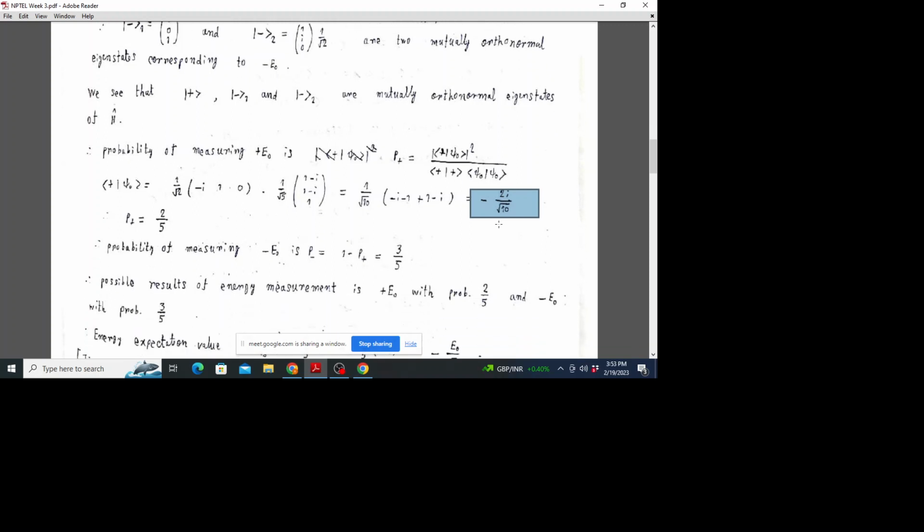Now do the inner product multiplication and you will get this result. This is the numerator. Its mod square will be the numerator, and the denominator is 1 because both the plus state and psi naught state are already normalized. You can check that they are already normalized. So this probability P plus is 2 by 5. The probability of measuring plus E naught is 2 by 5.